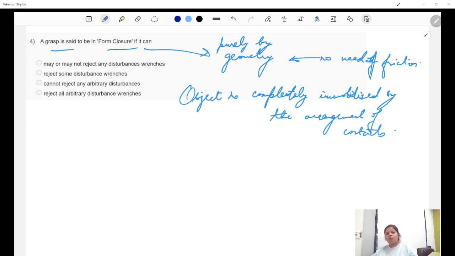Any small motion would cause... like it won't be able to move at all. This grasp can resist any possible disturbance purely due to how the object is trapped. It can reject all disturbance wrenches geometrically.